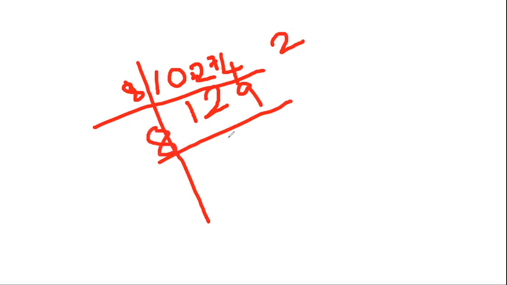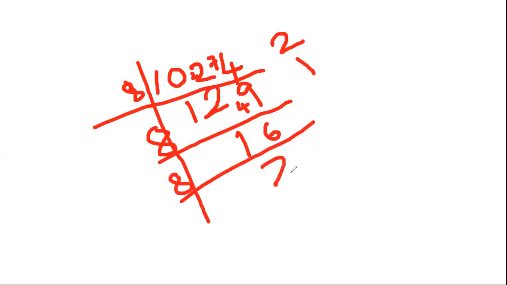8 ones are 8, 8 sixes are 48, carry forward is 1. 8 twos are 16, carry forward is 0. So the answer is 2, 0, 1, 2.